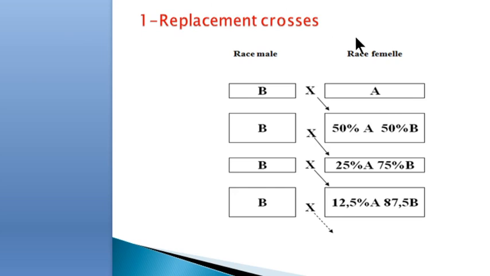What are replacement crosses? With replacement crosses, a male parental breed, most of the time an exotic breed with high production or productivity traits, is used either naturally or through artificial insemination for successive crosses of its products with breed A, that is the maternal breed that is being changed.